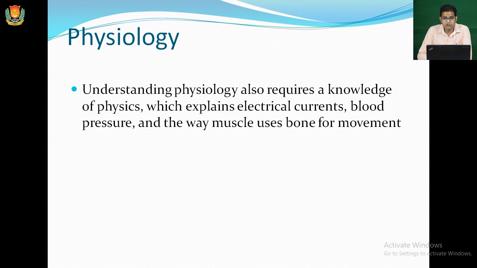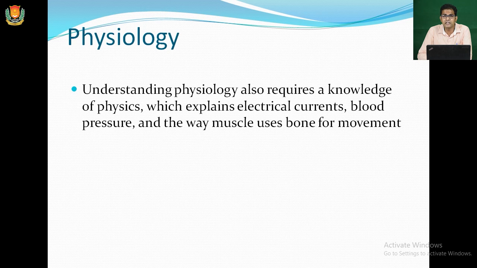Understanding physiology also requires knowledge of physics. Since physics is spread over all fields and branches, in human anatomy and physiology, physics plays a major role. Blood pressure is measured by the baroreceptors.